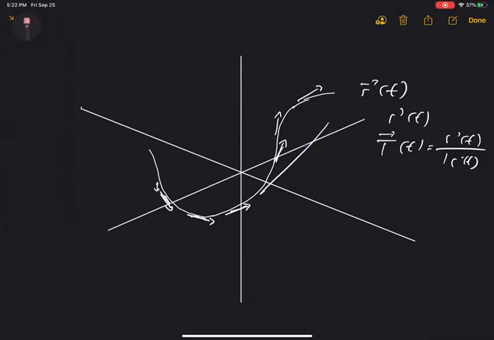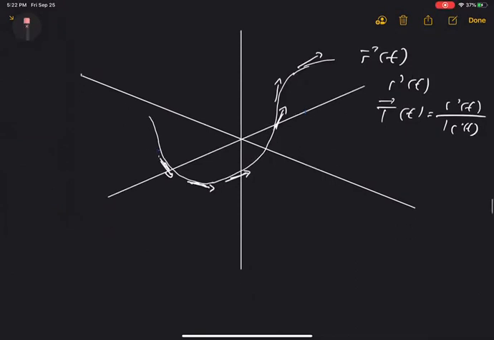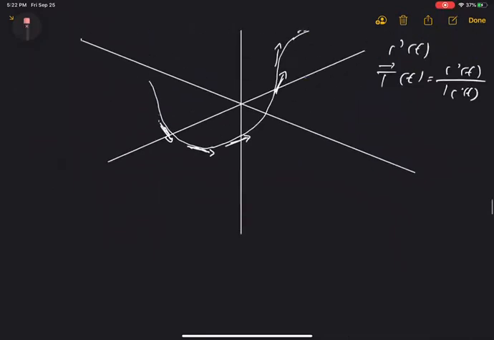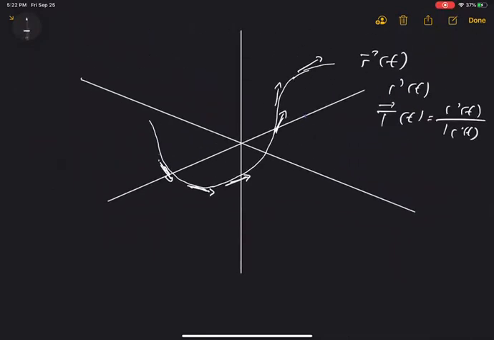It wouldn't make as much sense. So that's why we're scaling them to be all the same. Now I can see that they're all the same length. So as this unit tangent vector T changes, the only thing that's changing about it is the direction.